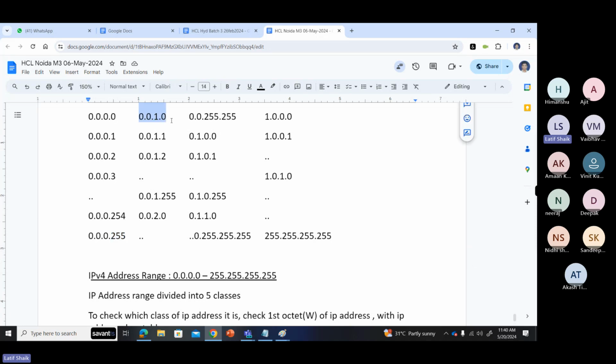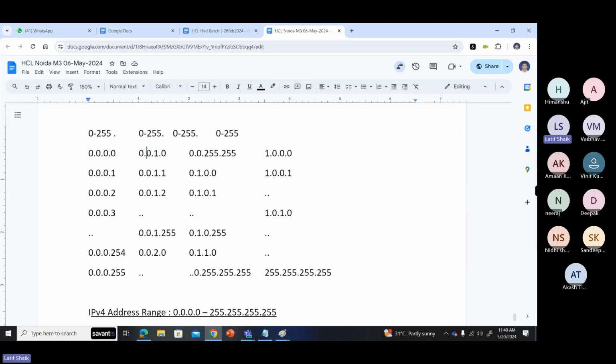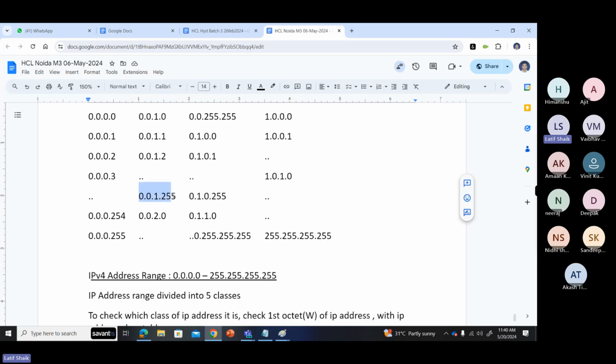It will go to 0.0.1.0, and then 1.1, 1.2, 1.3, 1.4, up to 1.255. Then it becomes 2.0. It's like our numbers: 199, 200, 299, 300, 999, 1000, 1999, 2000.